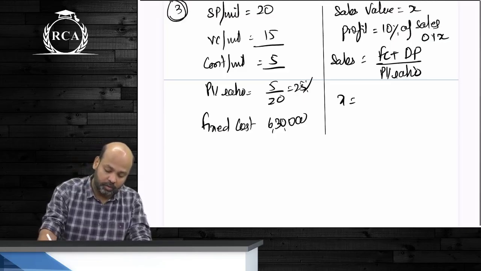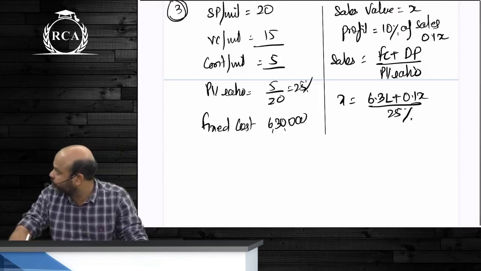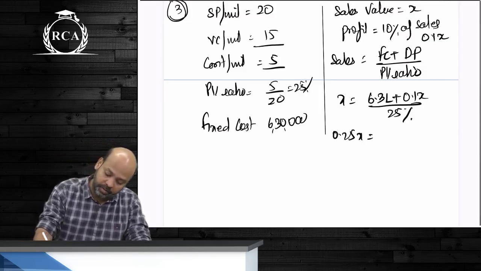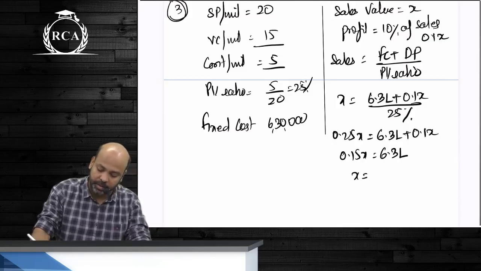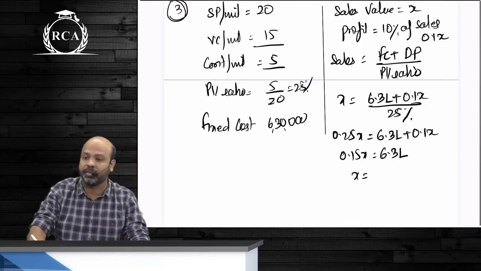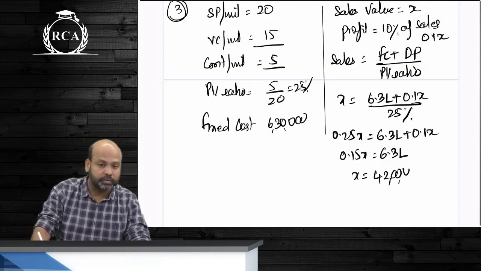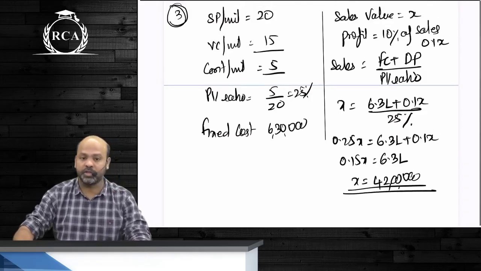X rupees is equal to 6,30,000 plus 0.1x divided by 25%. You will get 0.25x is equal to 6,30,000 plus 0.1x. You will get 0.15x is equal to 6,30,000. X will be equal to 6,30,000 divided by 15%. 42 lakhs.